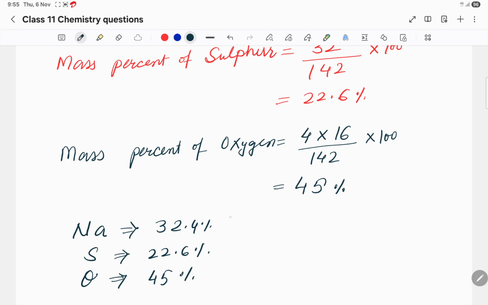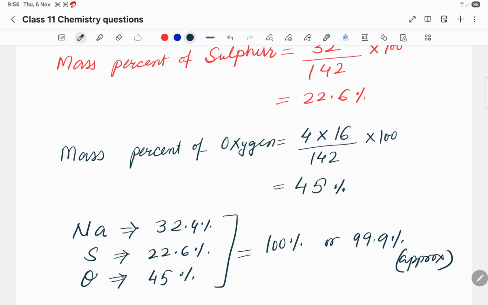One thing you should note down, that the sum of all the elements which are present in a compound should come equal to 100%, or if not 100%, then 99.9% approximately. Okay, so these should be there.